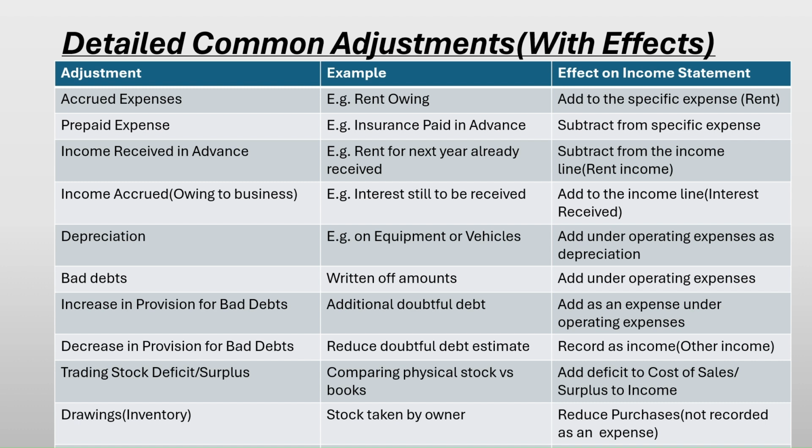You don't know accrued expenses, prepaid expenses, bad debts, or provision for bad debts. So I wanted to look at them so that when you find them in your exam or test, you know how to go through each and everything they might ask you, and you know how to record them.